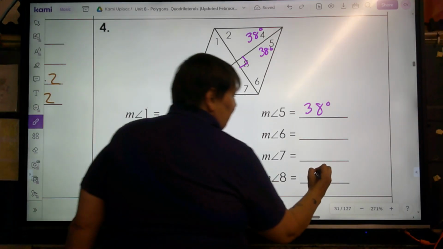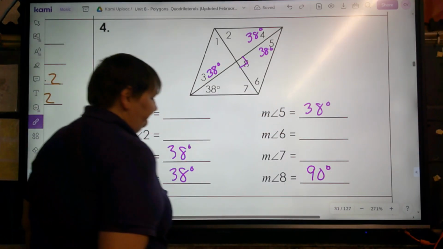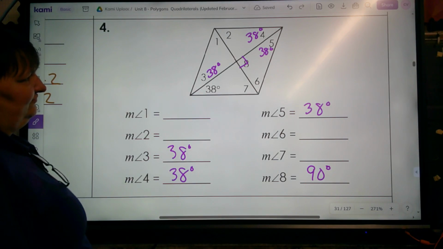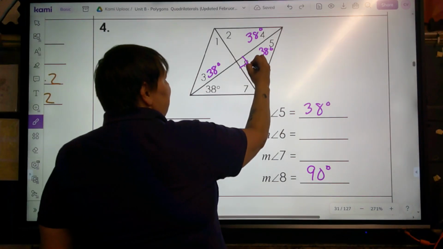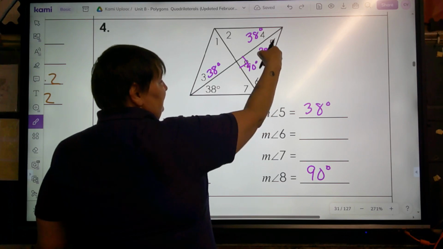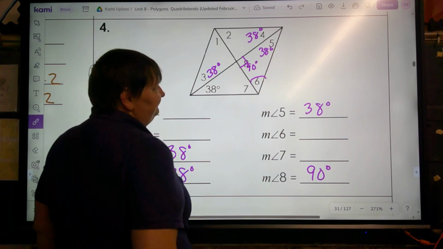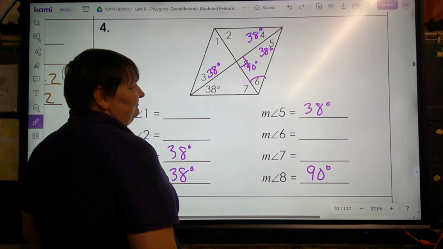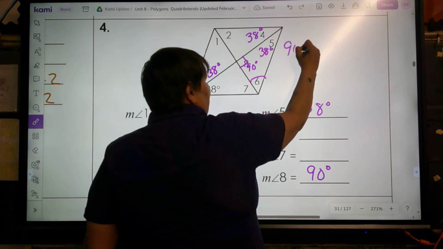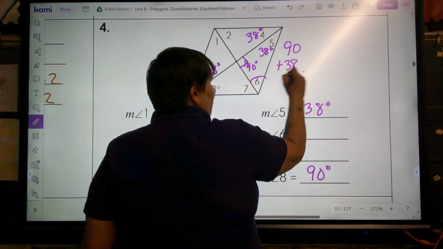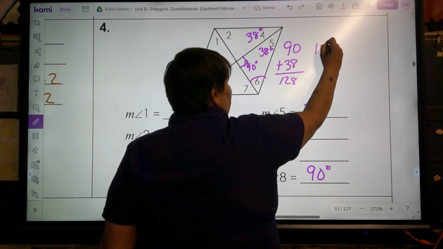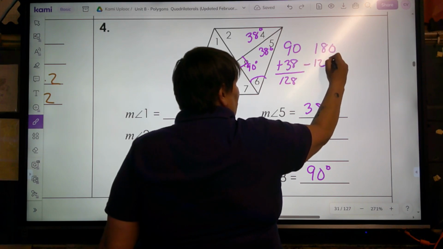So 8 has to be 90 degrees. So if we know this one is 90 and this one is 38, what's this one? So 90 plus 38 is 128, and it has to equal 180.